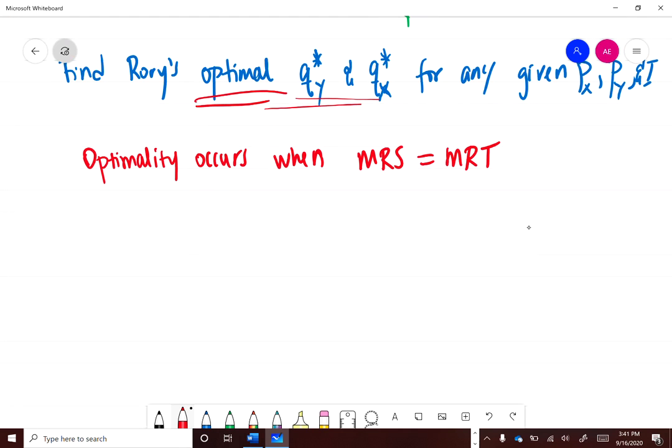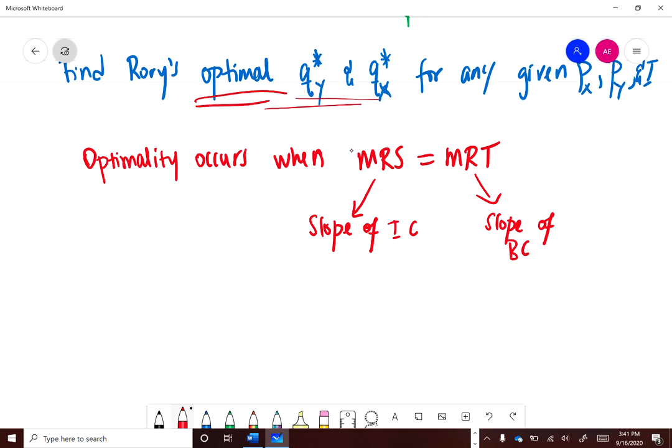Let's slow down a little bit here. What does this look like visually? Actually, before we do that, MRS here is the slope of, that's right, our indifference curve. MRT here is the slope of the budget constraint. Good job.